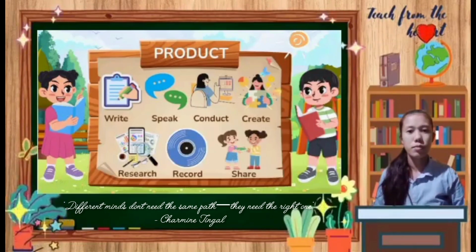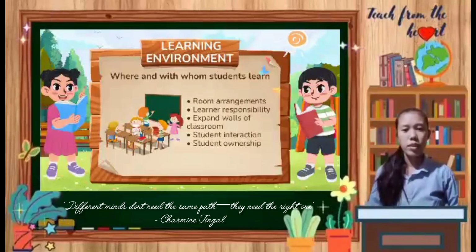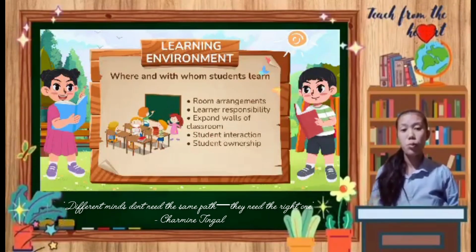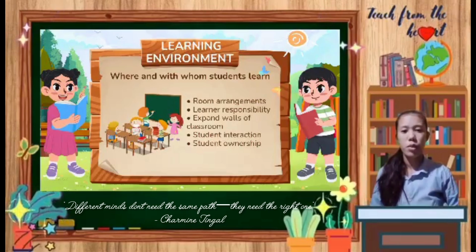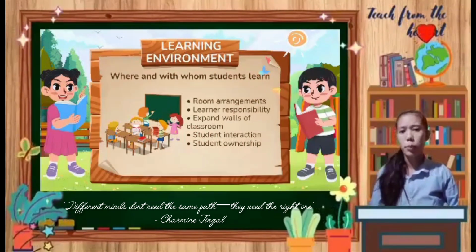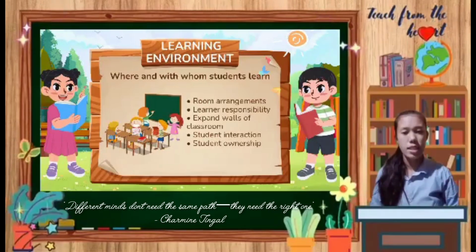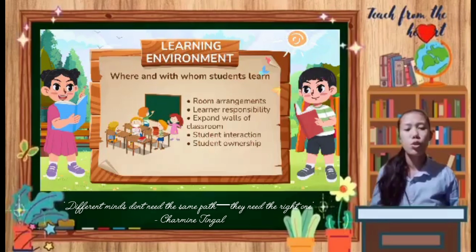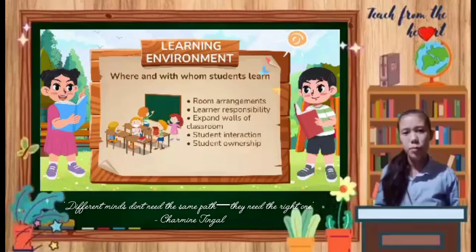So for the last one, the learning environment. The learning environment is designed to support differentiated instruction. Room arrangements are purposeful, allowing for both independent and collaborative workspaces. Students are given more responsibility for their learning through self-monitoring and goal setting.